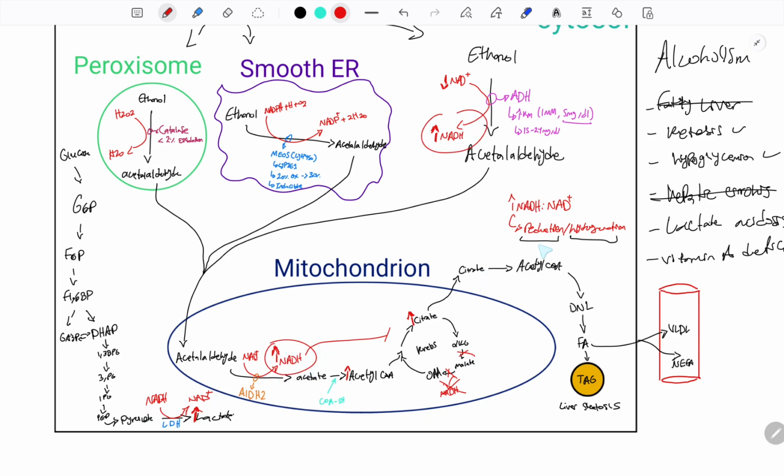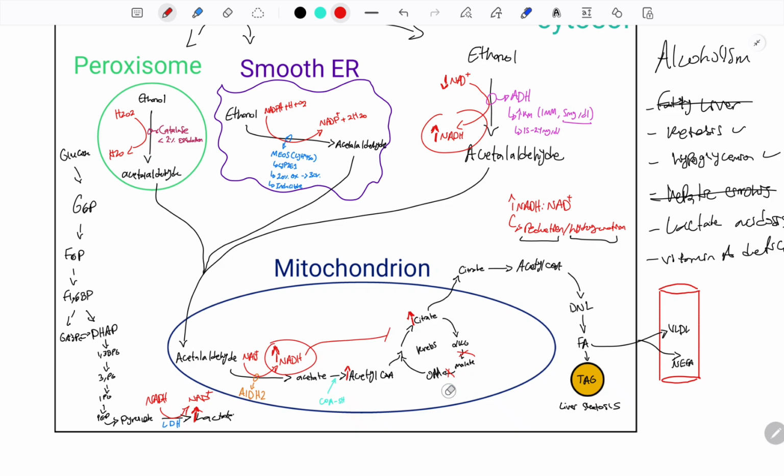And what did I say? When the NADH to NAD ratio increases, the body receives a signal that says, hey, I'm going through a lot of oxidation reactions, and I need to go through a lot of reduction reactions to regenerate my NAD positive. And that's what we just did. We regenerated NAD positive, but we also made a lot of lactate. So that's not good.